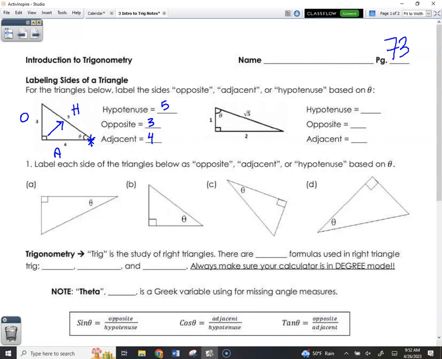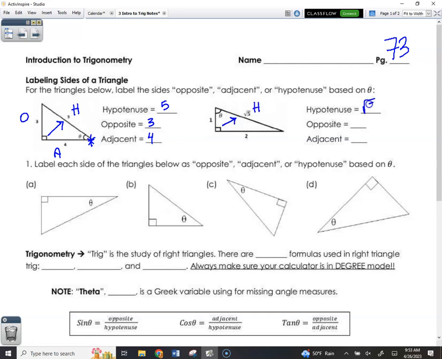You're labeling the one to the right, hypotenuse, opposite, adjacent. So draw your arrow from the right angle to the side farthest away.